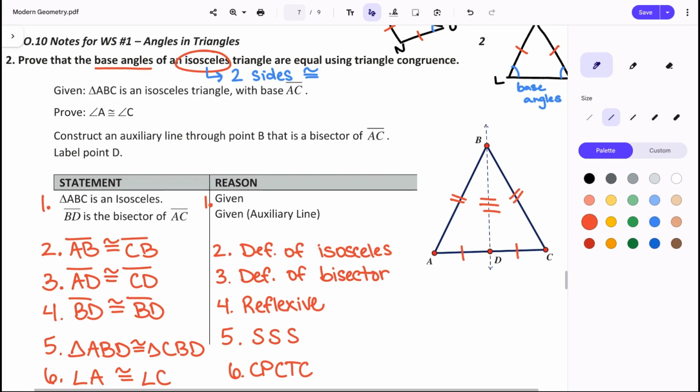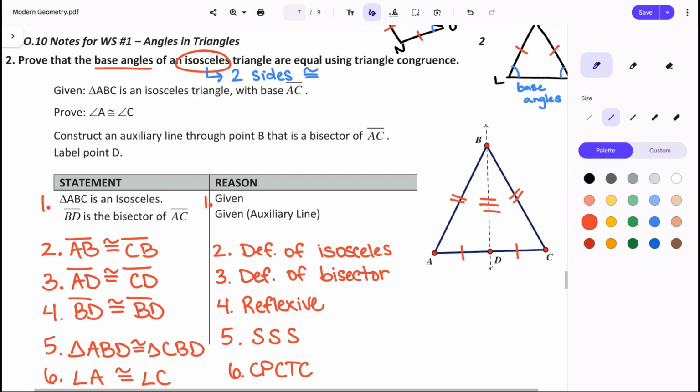Remember, that means corresponding parts of congruent triangles are congruent. So these matching pieces that aren't marked, because they're on congruent triangles, we can assume that they would be congruent to each other. So A and C, for example, should be congruent. Those are also known as the base angles of the big triangle ABC, because that was the original triangle we started with that we knew was isosceles.